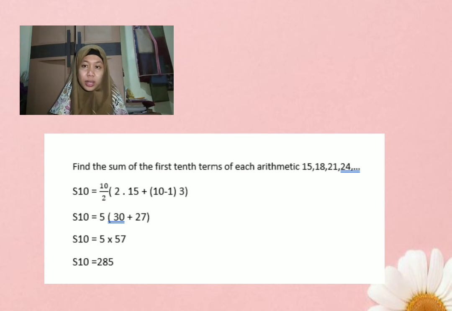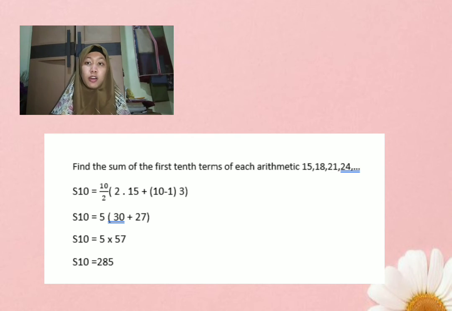Question number 3. Find the sum of the first 10 terms of the arithmetic sequence 15, 18, 21, 24, and so on.